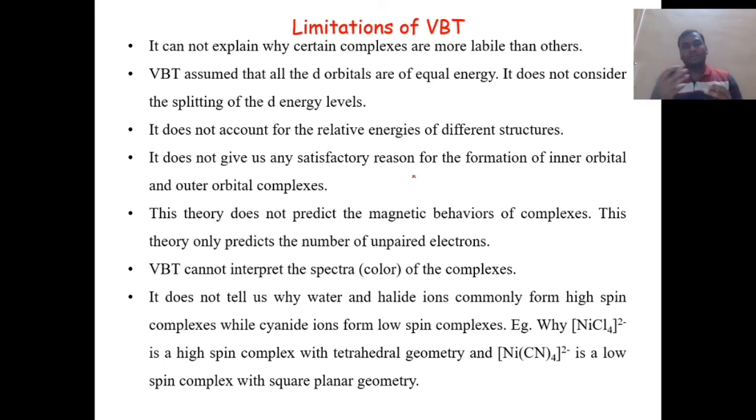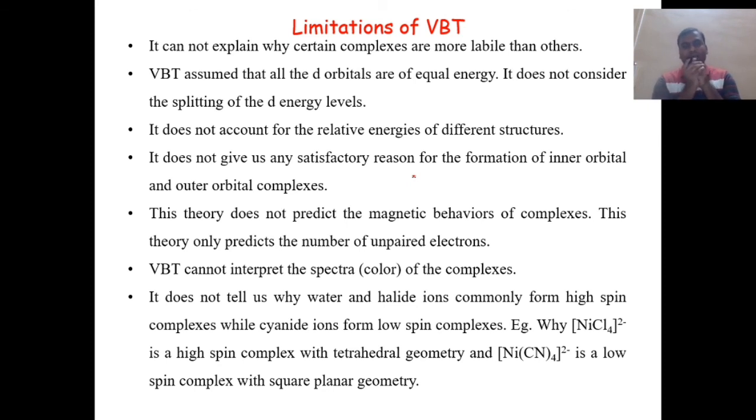So according to the spectrochemical series, as we know, high spin complexes are those in which pairing does not take place. While when cyanide ligand is there, low spin complexes form, which means pairing takes place.